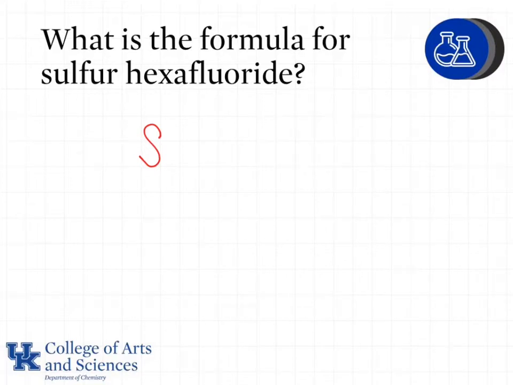Next, we see we have fluoride, which represents fluorine, and we aren't going to talk about why the name changes a little bit when we form a compound name as opposed to the element name, but we can write the symbol F, and the hexa tells us that we have a subscript of 6. Remember, no prefix means that it's equal to 1. We will only see that on the first element. The second element will always have a prefix, and we'll use the prefix mono if there is only one of them.